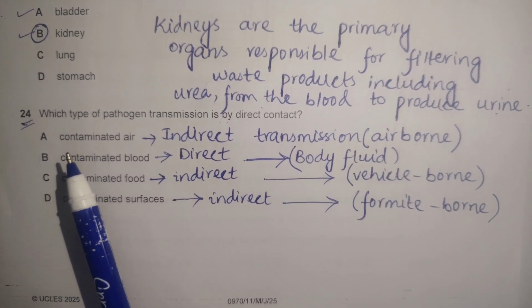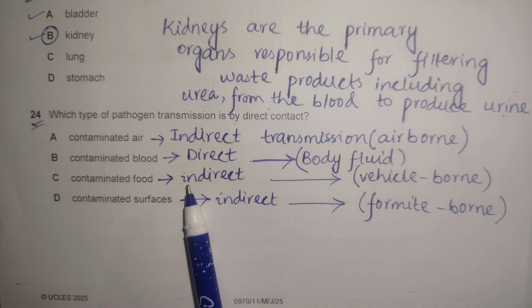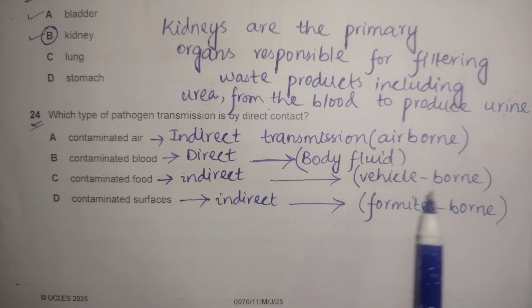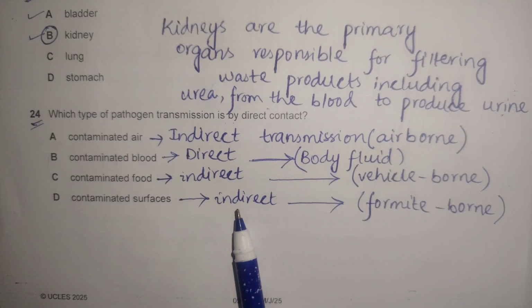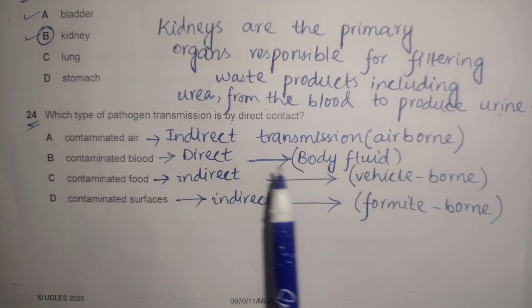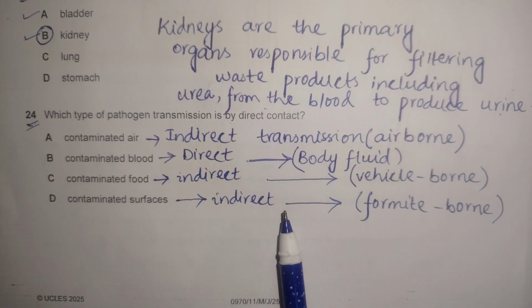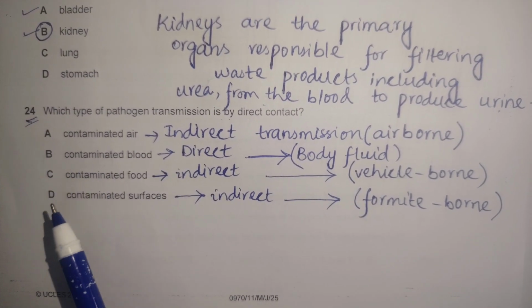All right. Contaminated food is also indirect. This is known as vehicle borne. And contaminated surfaces are indirect. That is fomite borne transmission, indirect transmission. So which of these options is correct, A, B, C or D?